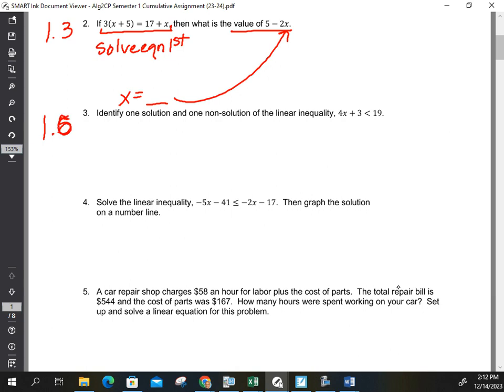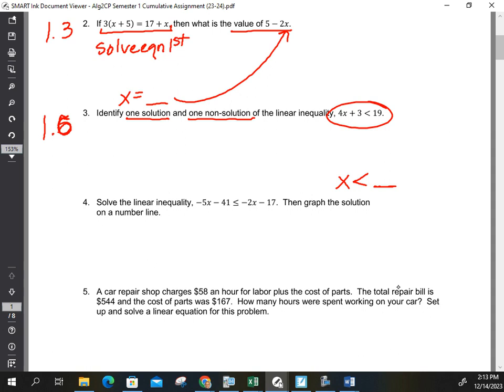So that inequality. Solve the inequality like you would an equation. So you're going to have x is less than something. One solution means give me an answer. After you solve it, give me an answer that works. One non-solution means give me an answer that doesn't work.